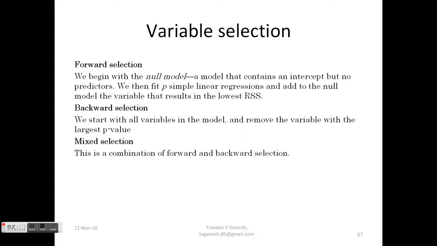That is, we start with the model which has no inputs, no features, no input predictors, and then we add each of the input variables or predictors one by one to the null model, and pick the input variable that results in the lowest residual sum of squares, that is the lowest error.